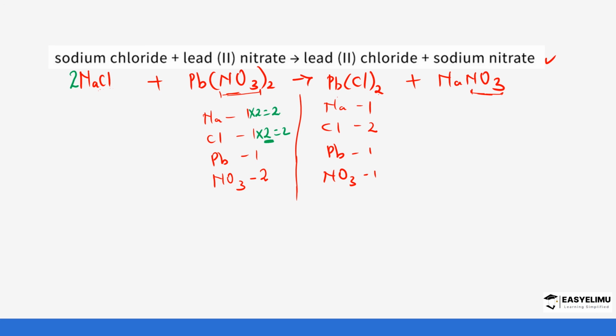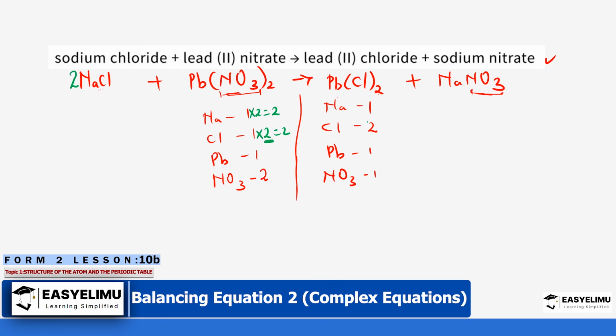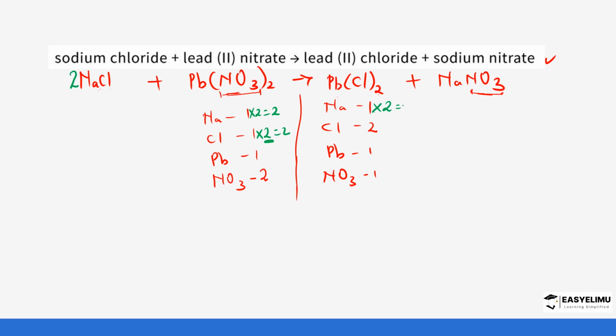So you can see, yes, we have balanced our chlorine, but our sodium has been affected. So we can go ahead and balance the sodium we just affected. So to make it also 2, we multiply by a coefficient 2, which gives us 2. So we place this coefficient we have balanced with in front of the compound where sodium is.